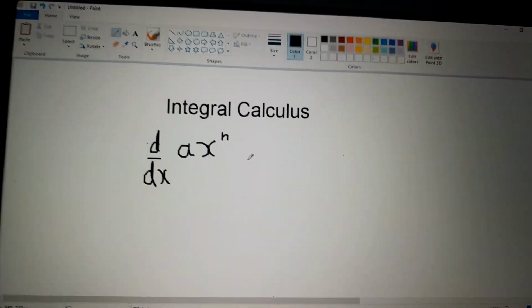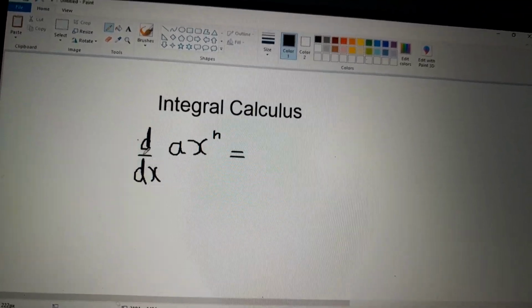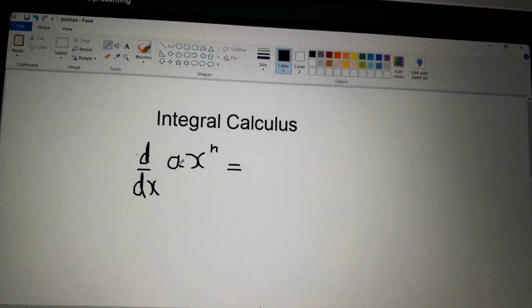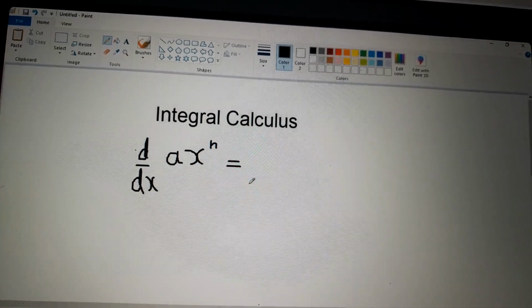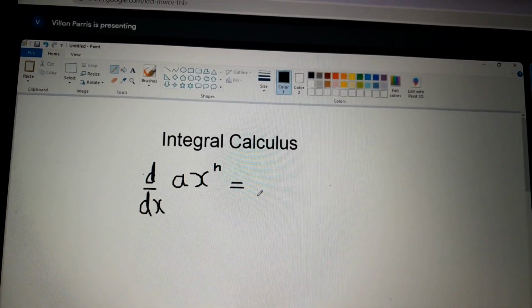So a could be 5, 4, whatever. What would be our answer, or the derivative in this case, if we have ax to the n power? If we're differentiating, what will be our result?